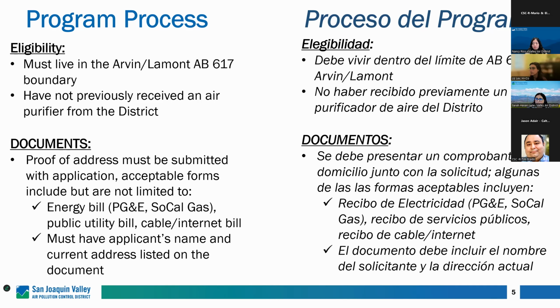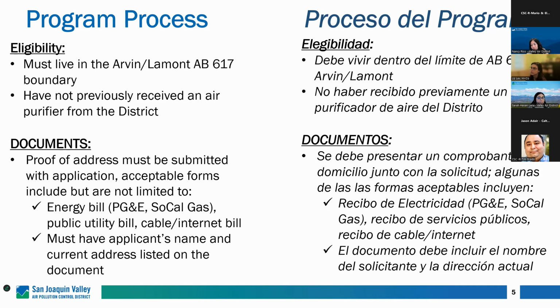I also wanted to mention that if you're not sure if you've applied, or if you go through the portal and it's giving you an error or saying you're not eligible and you know you haven't received a device, just give us a call. You can call Nancy or anyone here at the district office and we will help you through the application. We have learned a lot from having this program open for a couple years, and we can assist residents with applications over the phone.